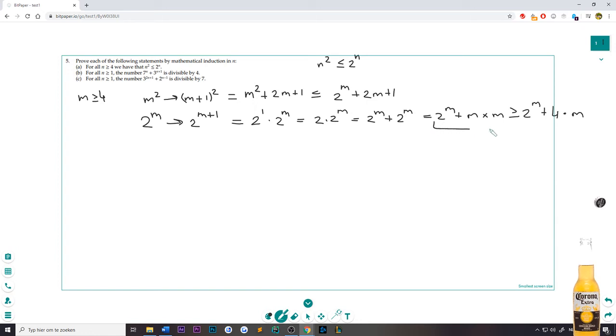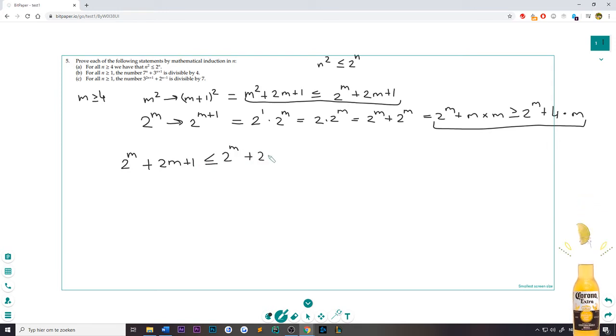And so if you take this statement and this statement and now put them next to each other, right? Then what you get is 2 to the power m.